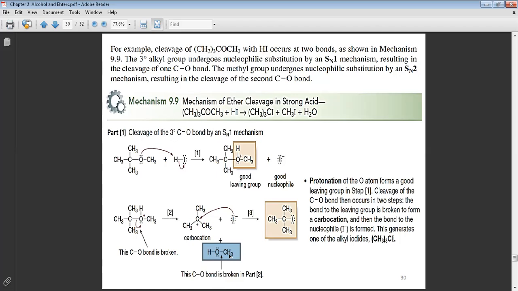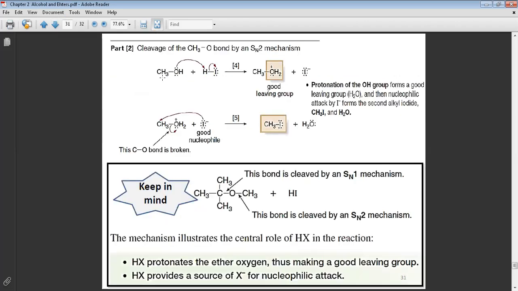We said methyl alcohol goes by SN2. The next step: the alcohol reacts with the second mole of HI to give a good leaving group by SN2. The nucleophile attacks from the backside, and it will be removed to give also alkyl halide with H2O.